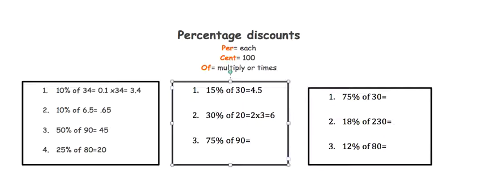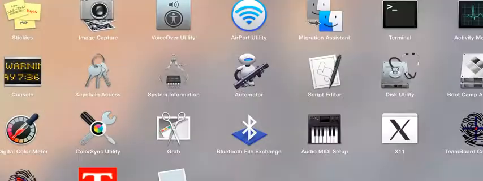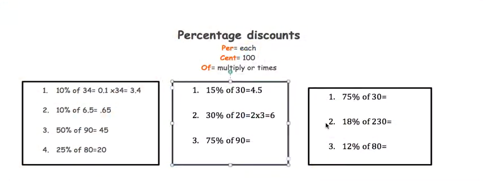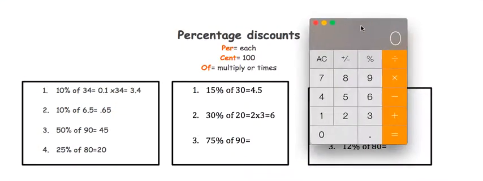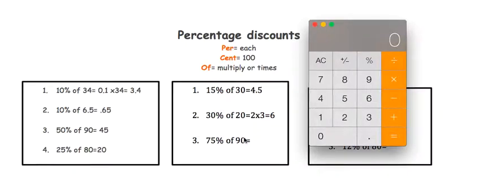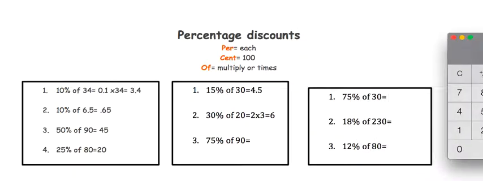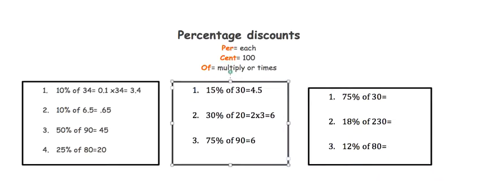Or you can again use your calculator and turn that percentage into a decimal by dividing it by 100 and then multiplying it by 90. And then you get your 67.5.